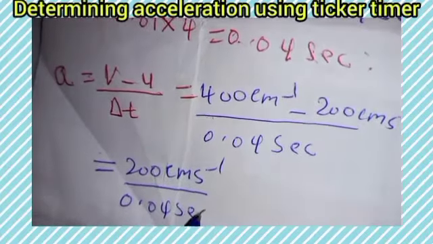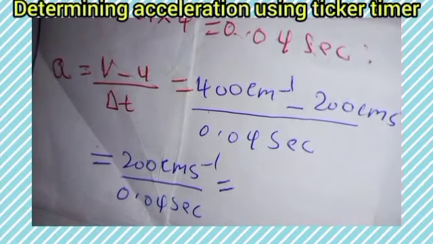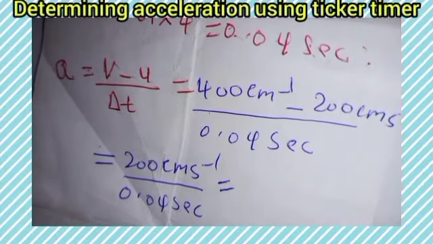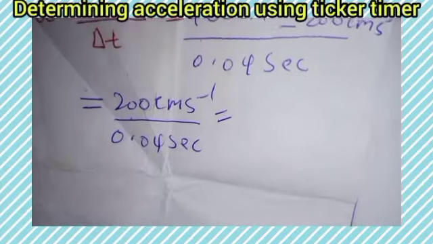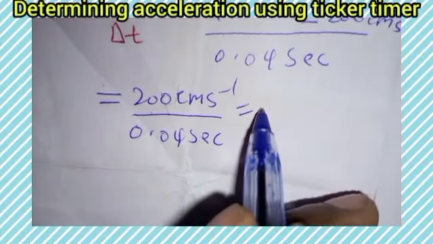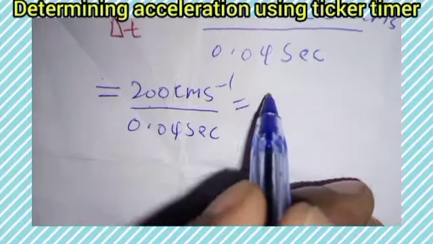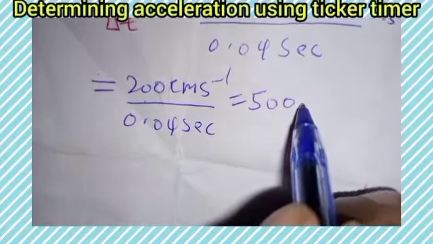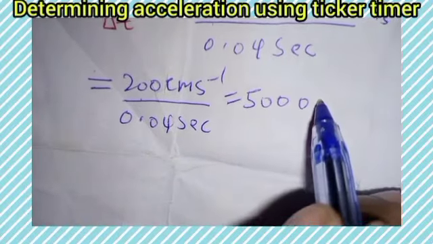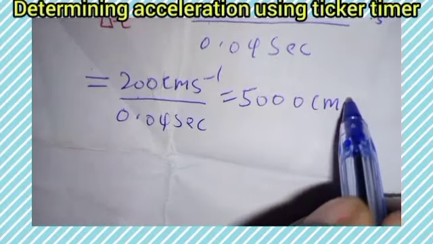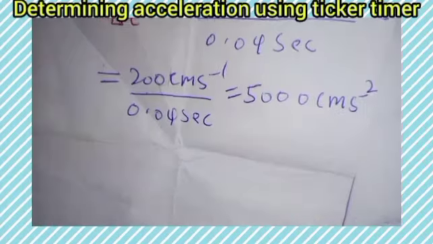0.04 seconds, which, when you simplify, is the same as 20,000 divided by 4, which is equal to 5,000 centimeters per square second.